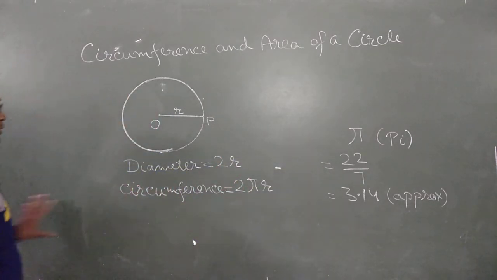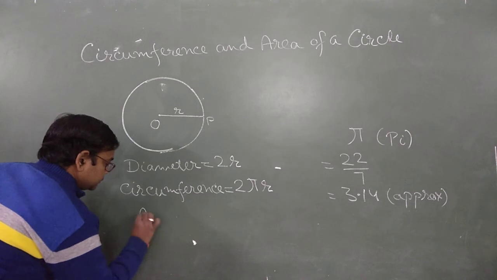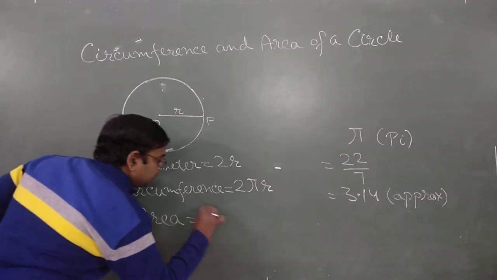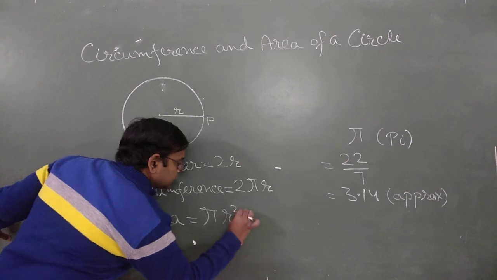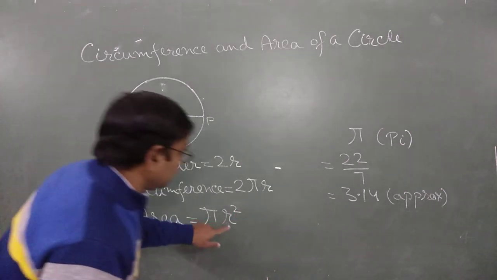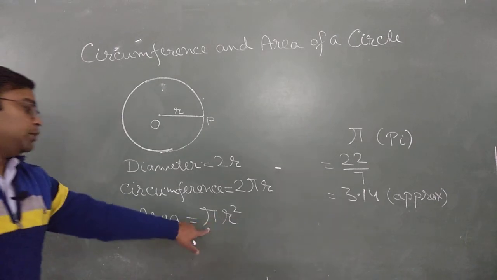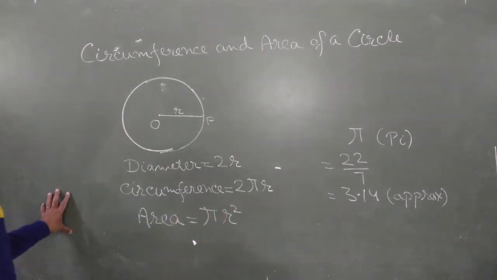This is the circumference. What about the area? The value of area is pi r square. Square is on r, not on pi. Clear? Pi into r square. This is the value of area. This is a formula. You must learn it.